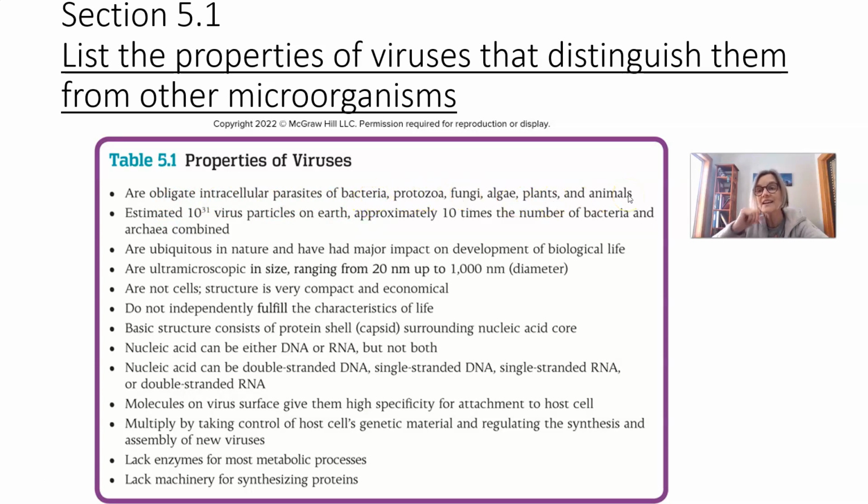All living things are able to be infected with viruses, even bacteria. What we mean by obligate intracellular parasite is that the virus can't survive outside of a host cell, it can't reproduce, it can't function normally outside of a host cell. So they have to live inside of those host cells.